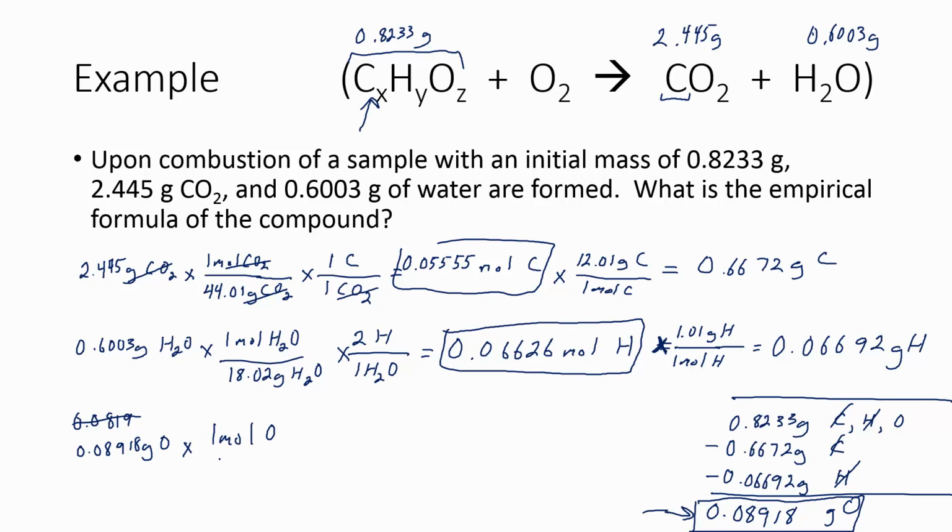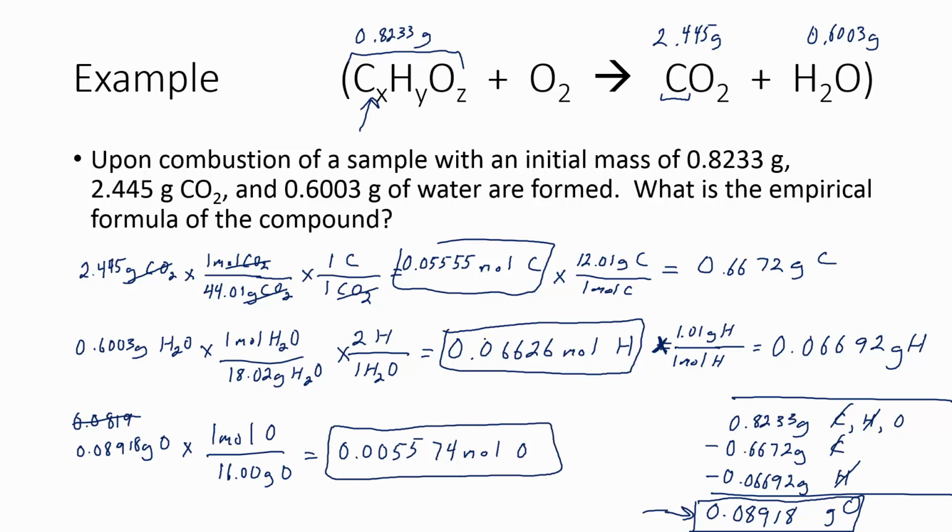So 1 mole of oxygen for every 16.00 grams of oxygen. That's something I've got to type in the calculator, right? Divided by 16 gives us 0.005574.